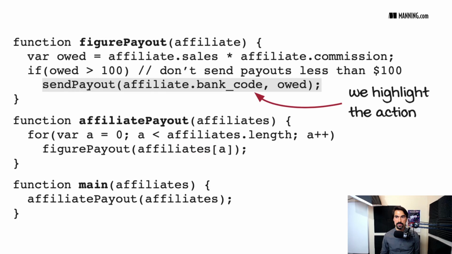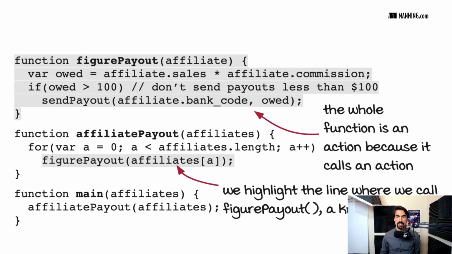Now, one part of the spreading rule is that a function that calls an action must itself be an action. Because if I call figure payout twice, that's going to send the payouts twice too. So figure payout also is an action. And because that's an action, we have to highlight the place where it is called in the next function.